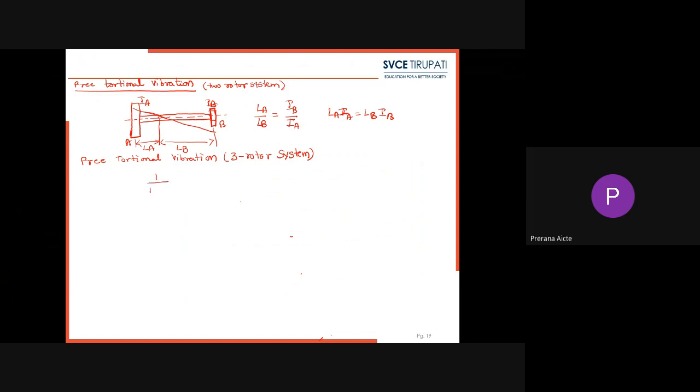LA IA is equal to IB times (1 by (L1 minus LA) plus 1 by (L2 minus LC)).